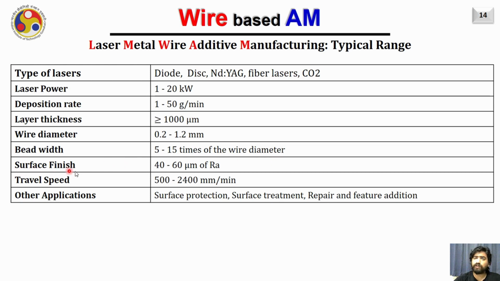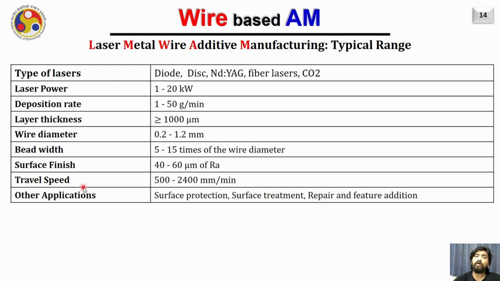The surface finish we usually achieve by this process varies from 40 to 60 micron, which is not a very good surface finish. Therefore, parts created by this system typically go through another process at the end for final finishing, if required, to achieve the desirable surface roughness.